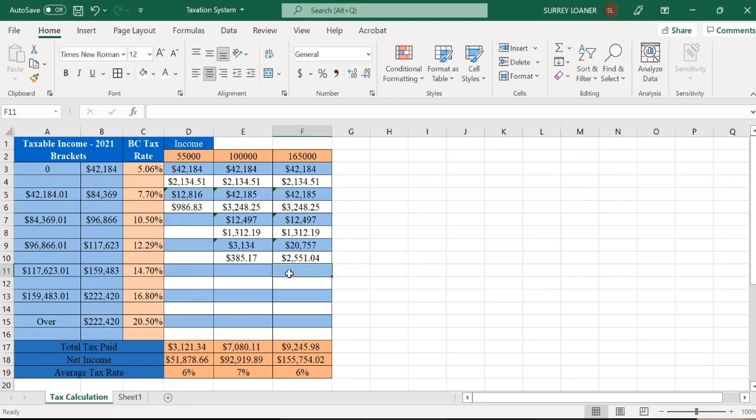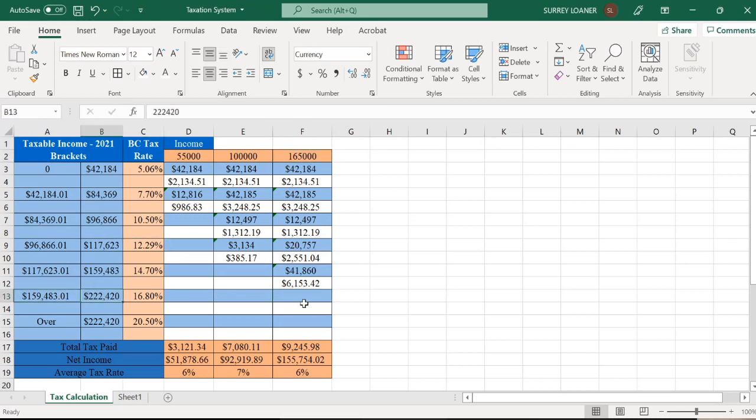Now we still have some amount, so we have 165, but it is falling under this category. So what I need to do, again the same process, this amount minus this amount, and we will find 41,860, and tax on this will be based upon the BC tax rate specified there. Now we know that we have reached till this point, right?